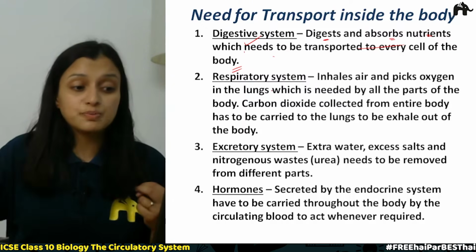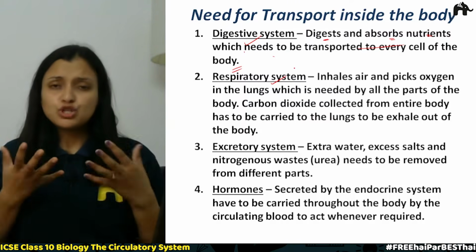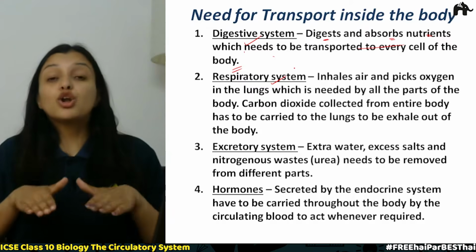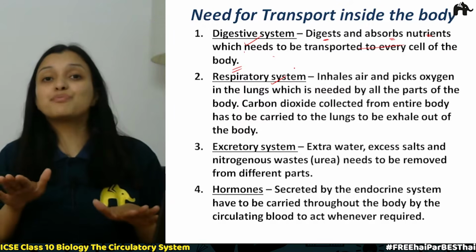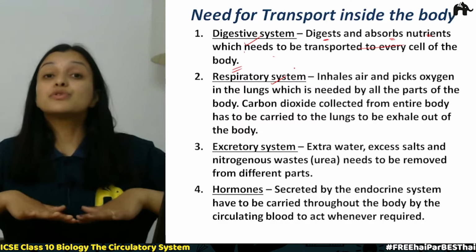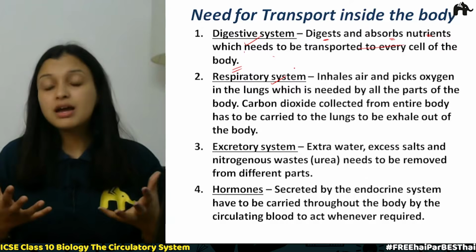The second is the respiratory system. We know that we inhale air, right? When we inhale, we take in a lot of oxygen, and this oxygen is very much required by our body cells so that they can perform their function and release energy from our food.